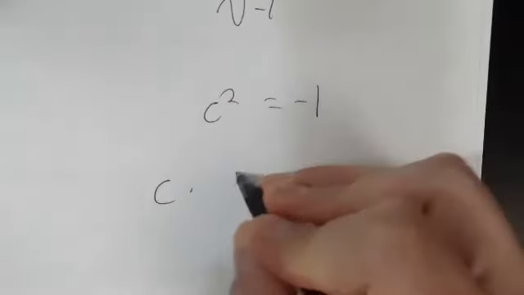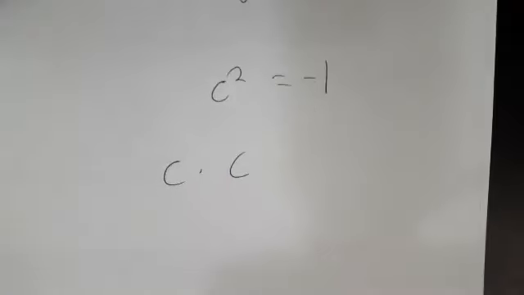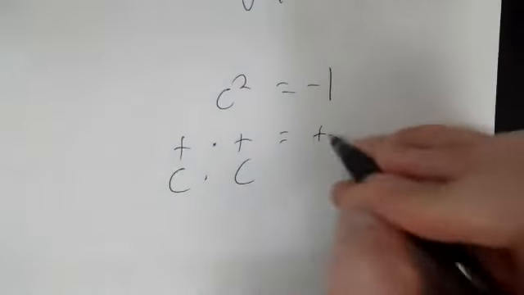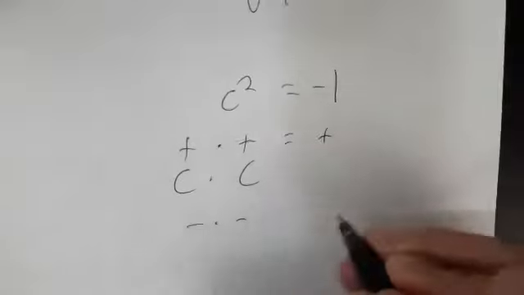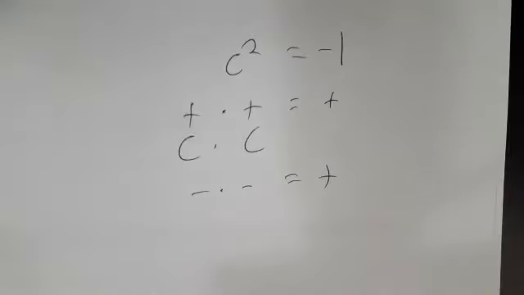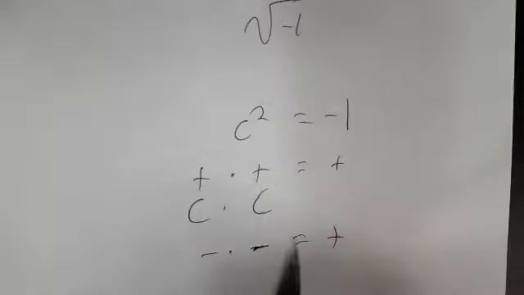We don't know anything like this before, because previously it was either both positive, and if they're both positive, my solution would be positive, or they were both negative numbers, in which my solution was going to be negative. So going back to every number that we know of, if it was positive and you square it, it's going to give you positive. If it's negative and you square it, it's going to give you negative. So we've never encountered anything like this.